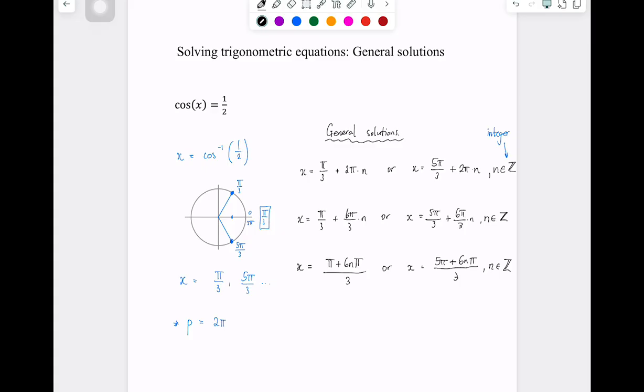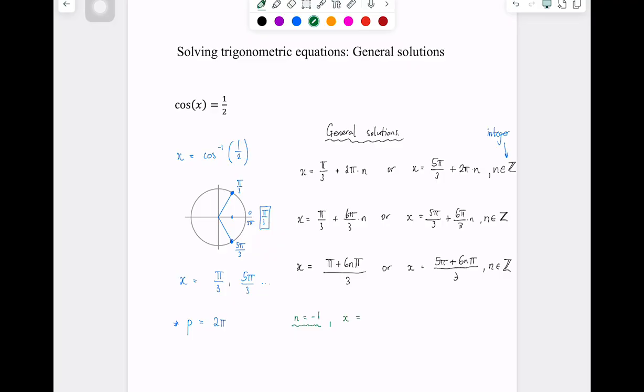How do we get our solutions now? Let's say, for example, they want us to produce the first three positive solutions. You can start by letting n equal 0, then n equals 1, then n equals 2, and so on. Let's first investigate what happens when we let n equal -1.